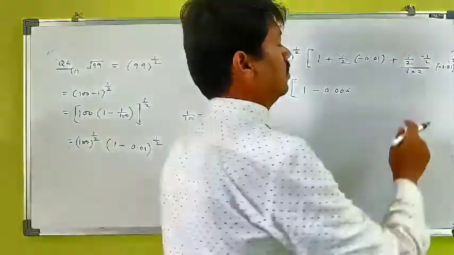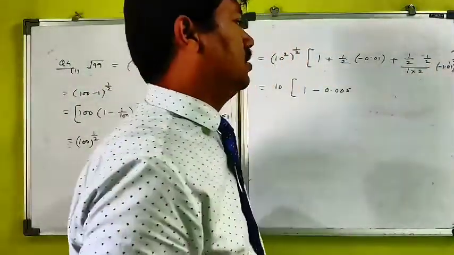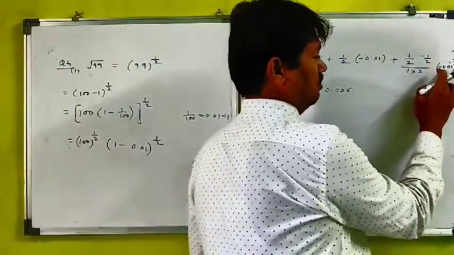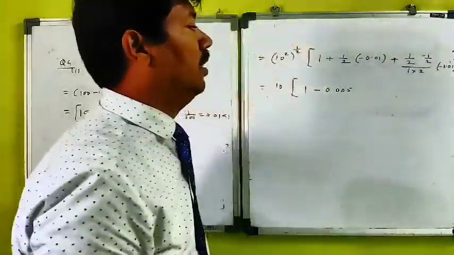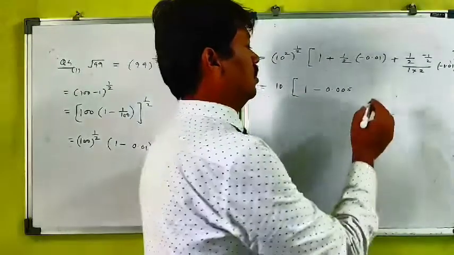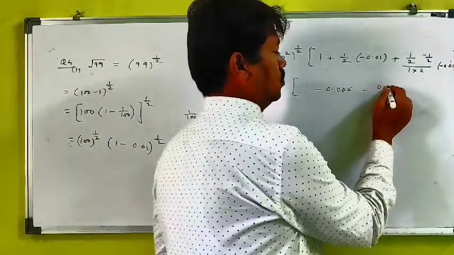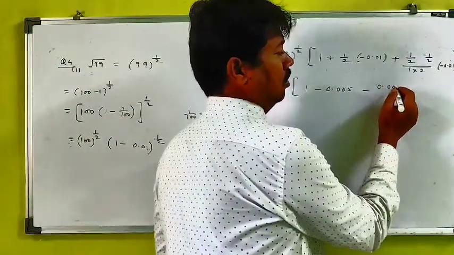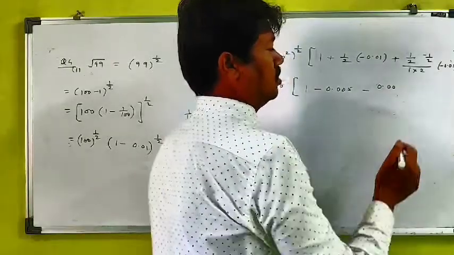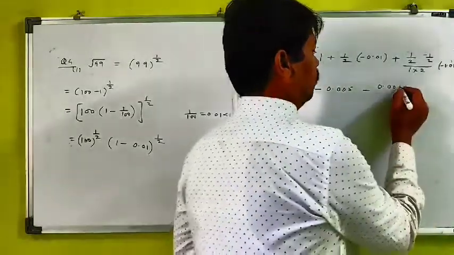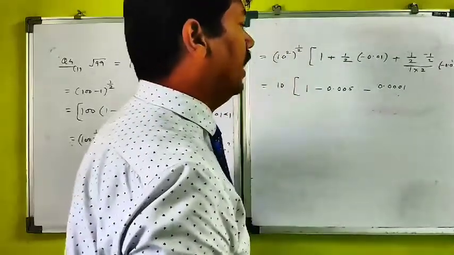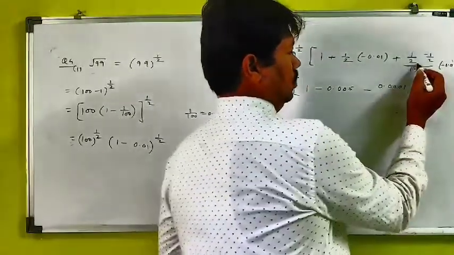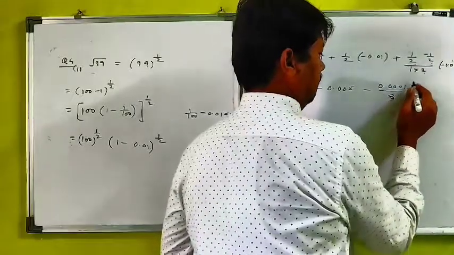This is a minus, and this minus, and this becomes plus, and the minus sign remains, so that becomes 0.00, the square is there, so up to 4 places it will be 0.0001 upon 8. 2 into 2 into 2 becomes 8.